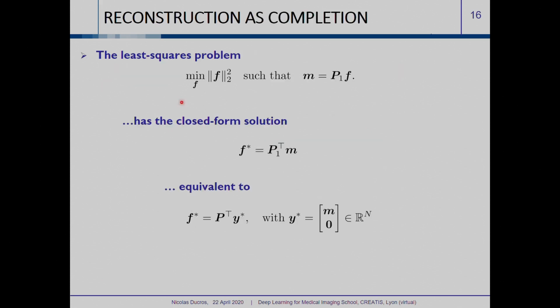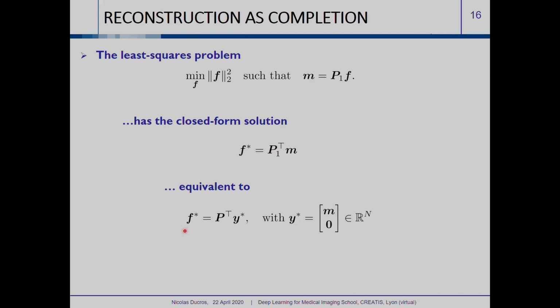To understand this question, let's start from traditional reconstruction. In traditional reconstruction, we can minimize, as I said, a regularizer. That could be a least squares. If we use the least-squares regularizer such that M equals P1 F, this particular problem has a very simple closed-form solution. You just multiply M on the left by P1 transpose. This works because the Hadamard basis P is orthogonal.